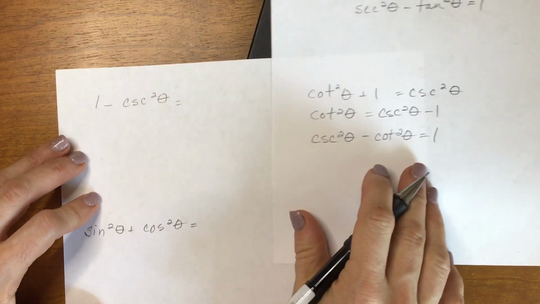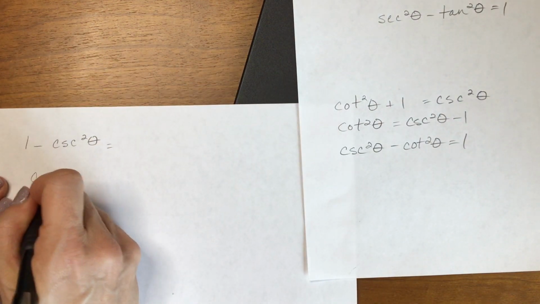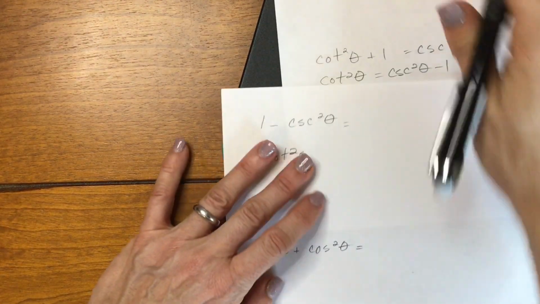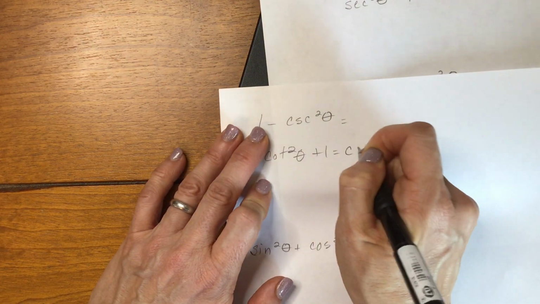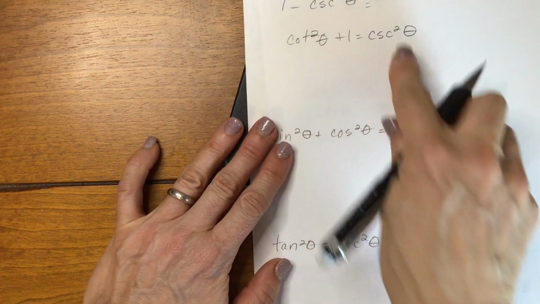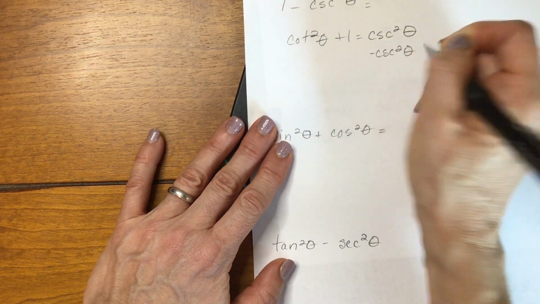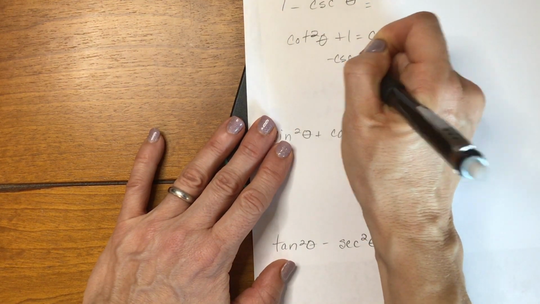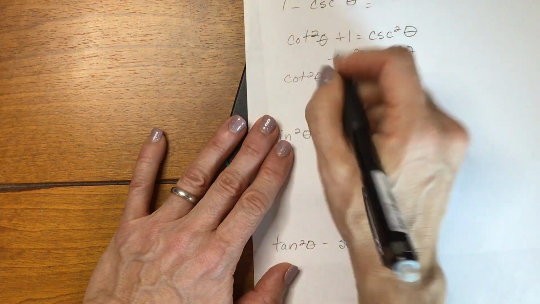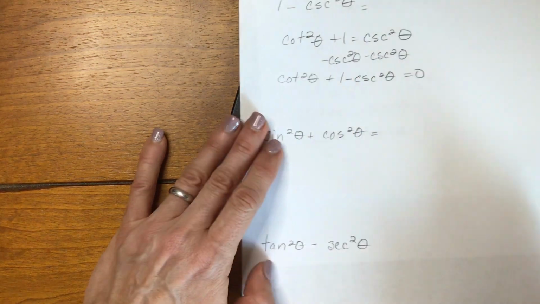Now we want to get it into some form that looks like that. So if I took my first identity, I had cotangent squared theta plus 1 equals cosecant squared theta. Now I want to get it to 1 minus cosecant squared theta, so I subtract this from both sides. So right now what I have is cotangent squared theta plus 1 minus cosecant squared theta equals 0.